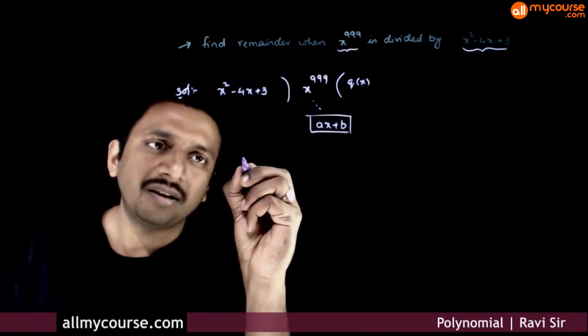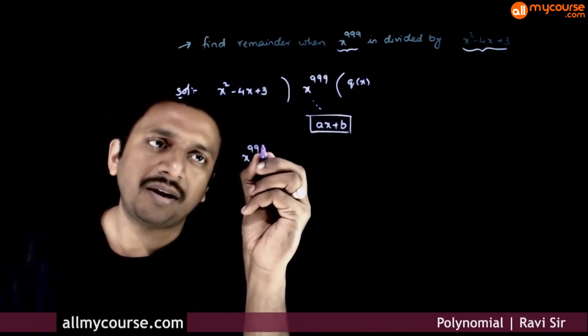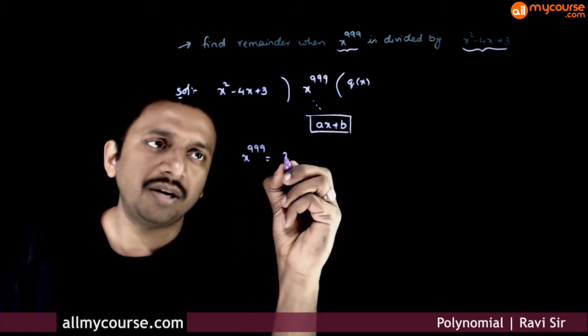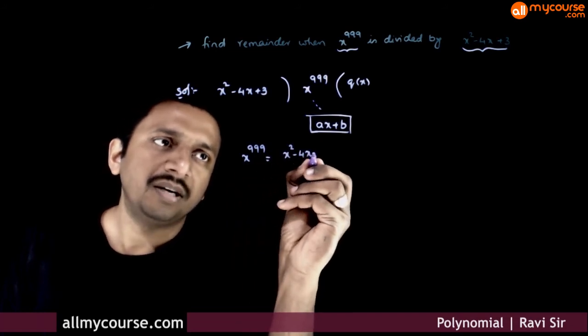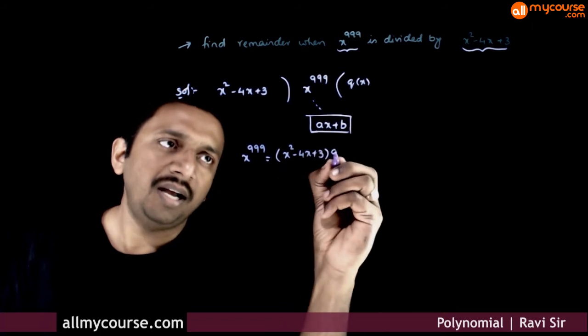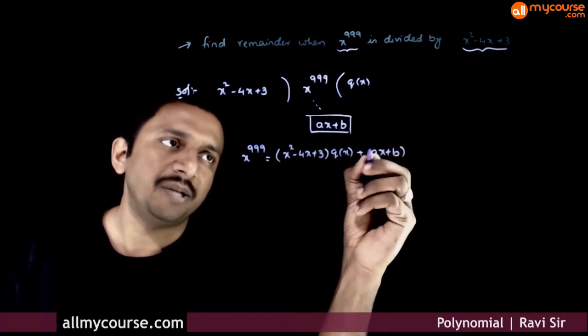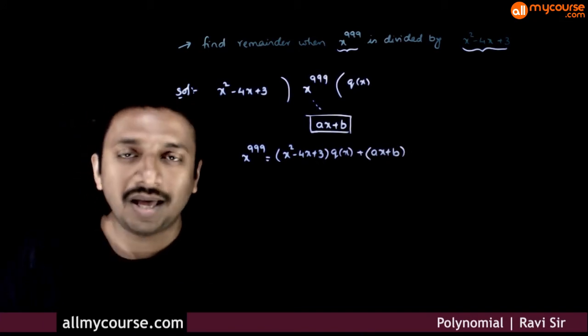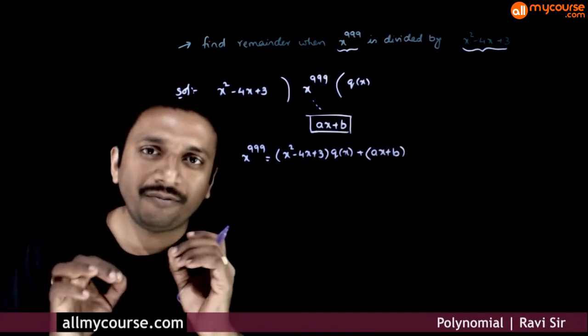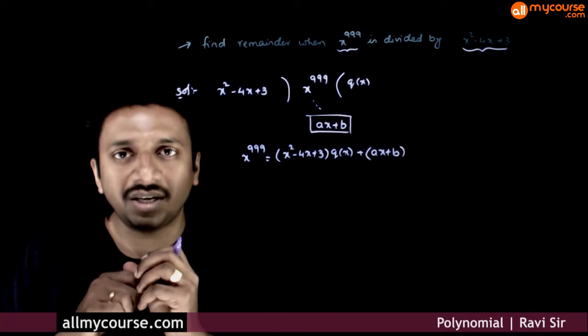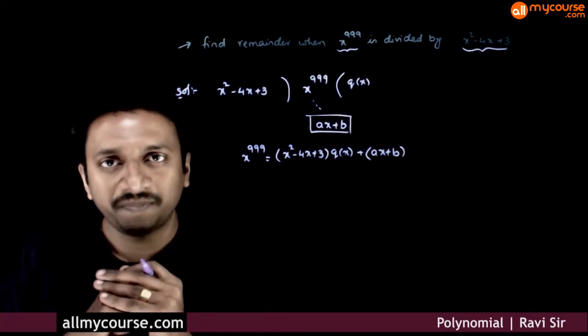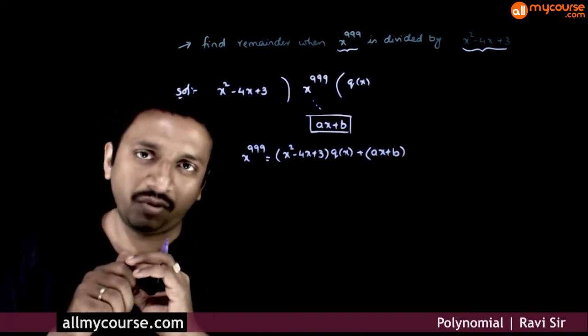So using the division algorithm, I write that the dividend is equal to divisor into quotient plus remainder ax plus b. Now to find ax plus b, you try to form two equations in a and b and solve them. So how do you form the two equations?